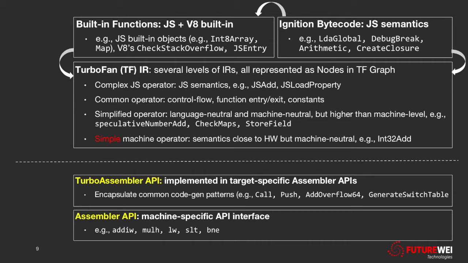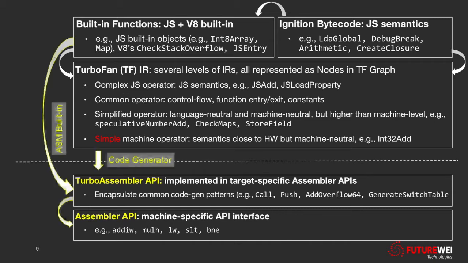Everything that is happening above the line is lowering that is machine independent, and for the backend, we don't have to care about that. But any lowering that crosses the dotted line is actually touching pieces in the backend. There are essentially two types of lowering crossing the line. One is the lowering from the simple machine operator to the TurboAssembler API.